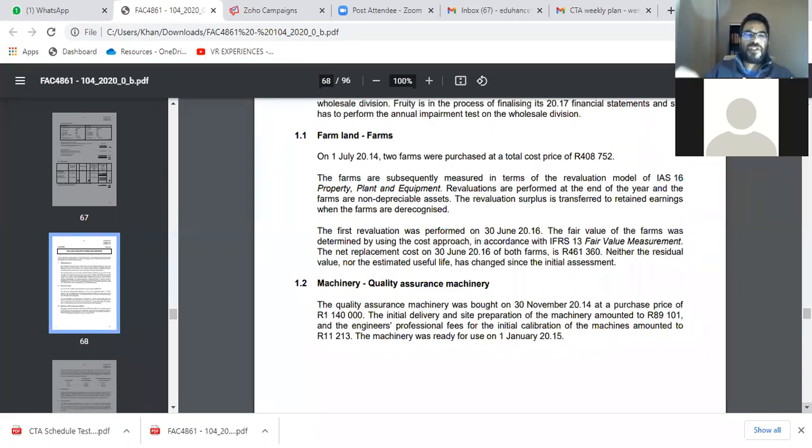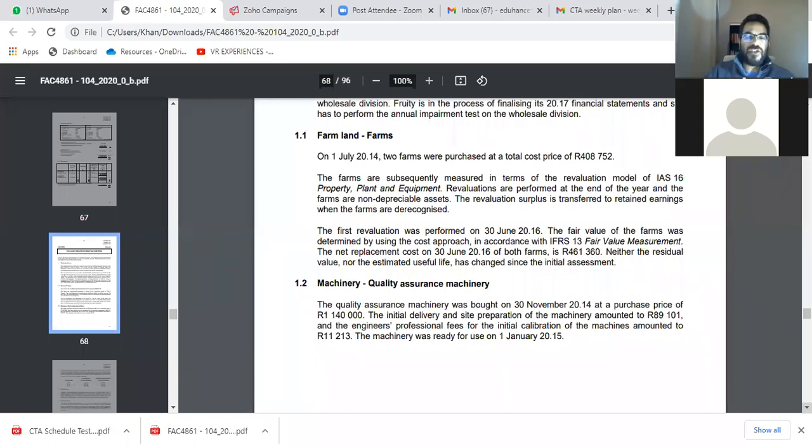Now, to link this with impairment, let's say there's an impairment against an asset that is using the revaluation model. The impairment amount must first reduce the revaluation before you recognize an impairment loss.